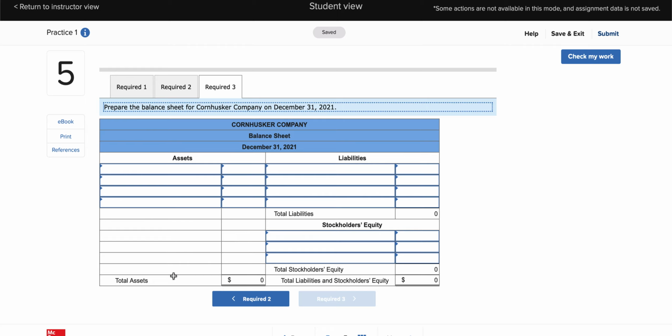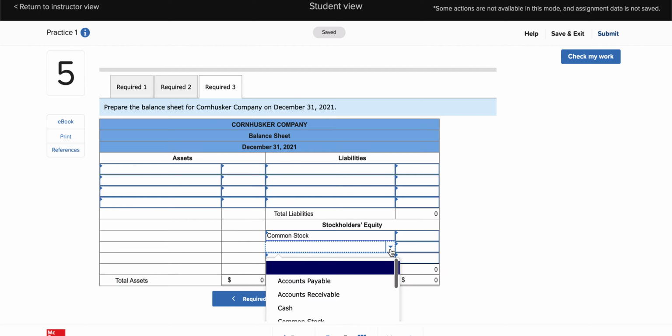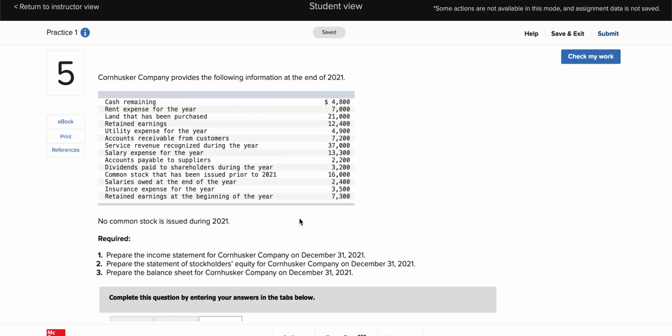Okay, now I want to list all my assets, then my liabilities plus stockholders' equity, remembering again that the assets have to equal the total liabilities plus stockholders' equity. Because we just mentioned it, I'm going to go ahead and do this now. The common stock and the retained earnings, again, are not something you're going to find up here.